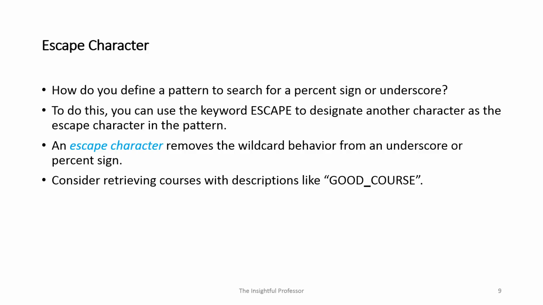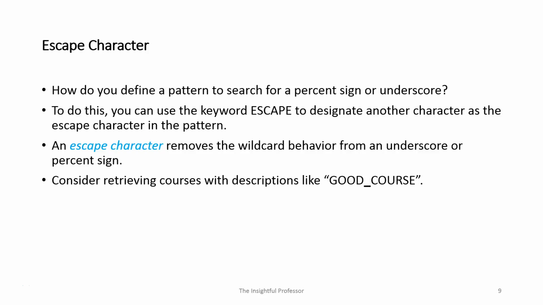Well, there's a little bit of a problem here. If you were to derive a pattern where you're saying that the pattern contains a percent sign, how do you make it a pattern? Well, you might say percent, percent, percent, but then all 3 percent signs represent a wildcard, and you get everything back from the table.